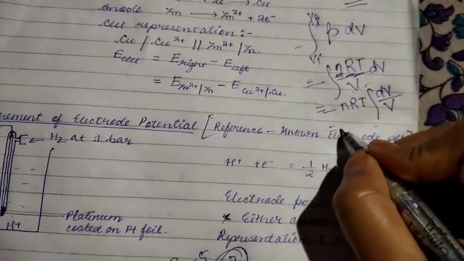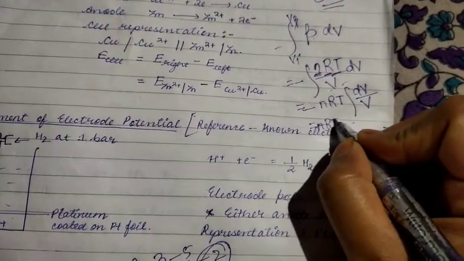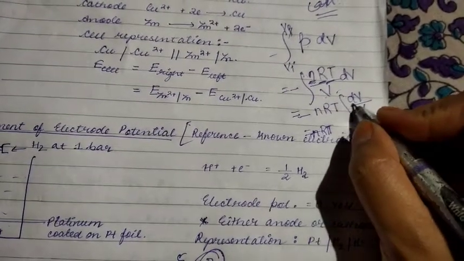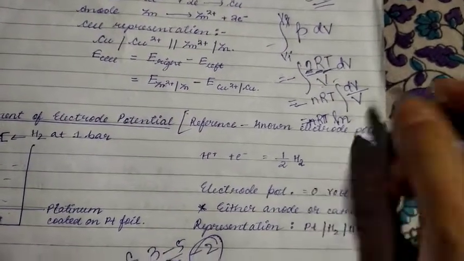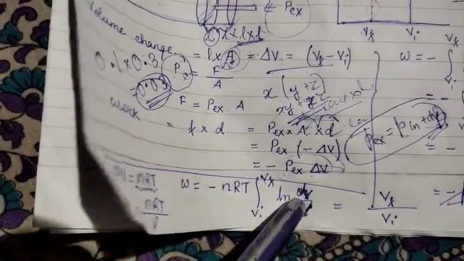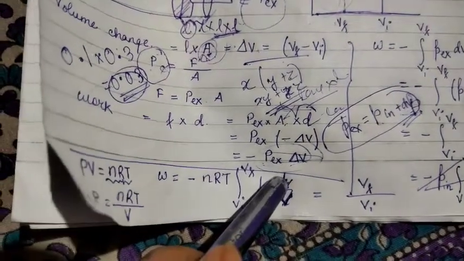Now you see nRT, this can be written as ln, and I have already written here, you can see. You can write ln V, dV by V. Clear?